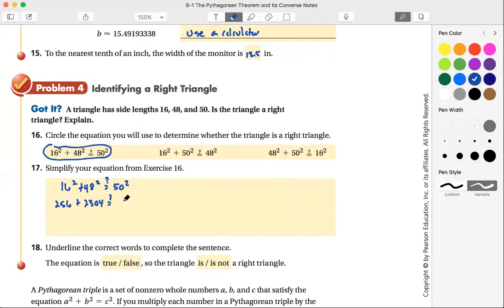Does that equal 50 squared, which is 2,500? Adding the left-hand side, I get 2,560. That does not equal 2,500. So the equation is false, and the triangle is not a right triangle.